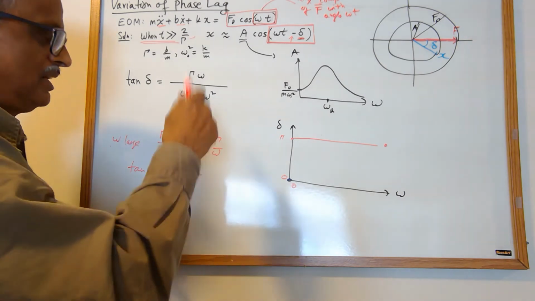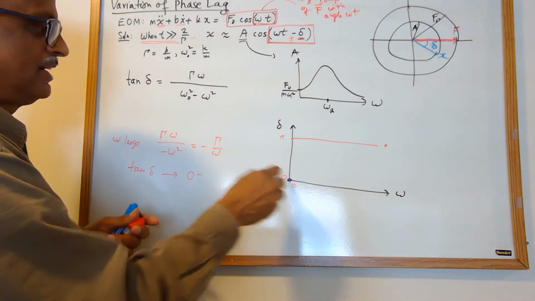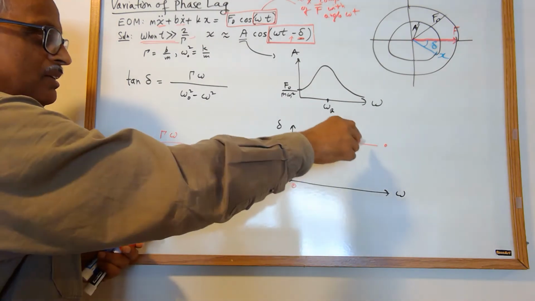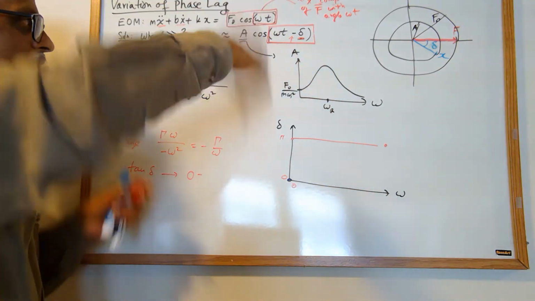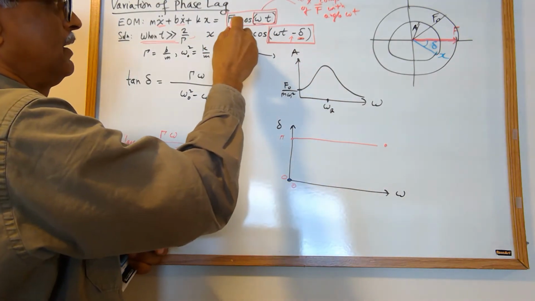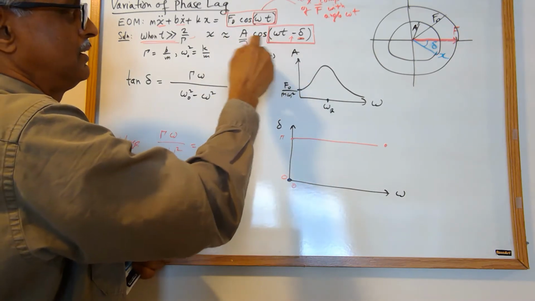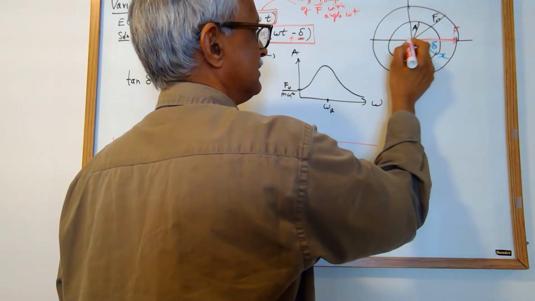So if it's not oscillating at all, then there is no phase shift. If it's oscillating very, very rapidly, if omega is very large, then if the force is in this direction, x is in that direction.